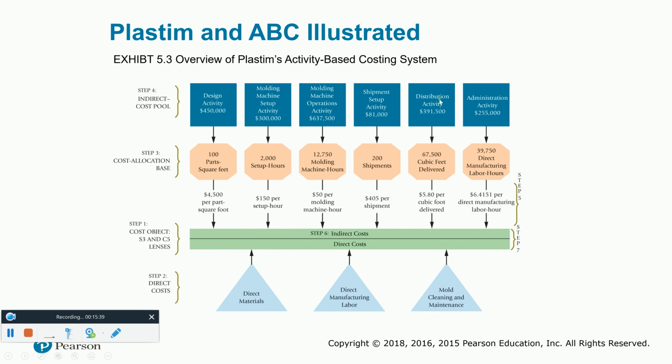Distribution activity, $391,500, divided by 67,500 cubic feet delivered, $5.80 per cubic foot delivered. And lastly, administrative activity, $255,000 divided by 39,750 direct labor hours. That's $6.41 per direct labor hour.